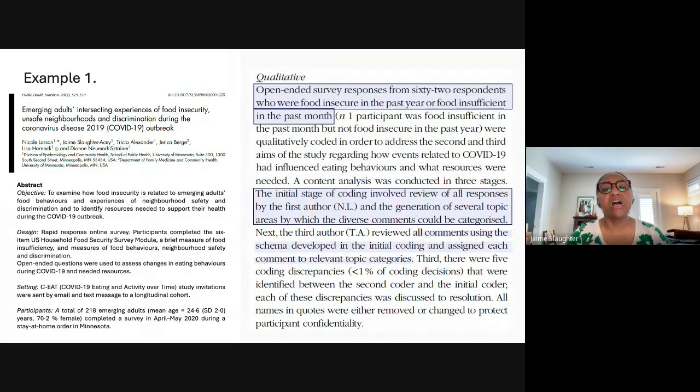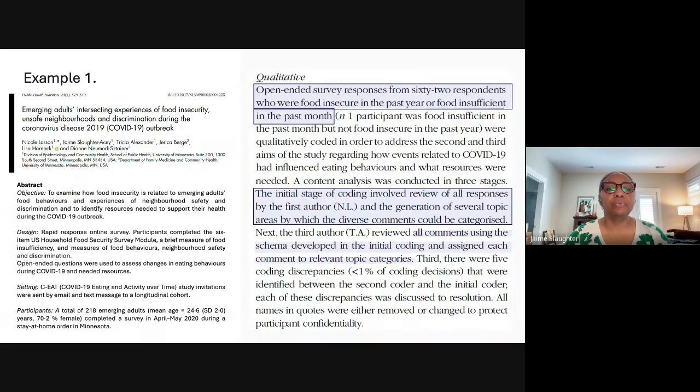And of those, there were 62 respondents who said that they were food insecure or food insufficient in one of the closed-ended questions. And so based off of the closed-ended question, we identified those 62 who said they were food insecure or food insufficient.